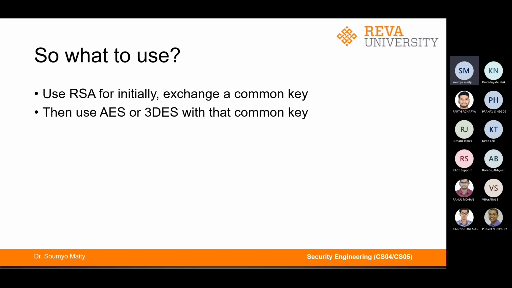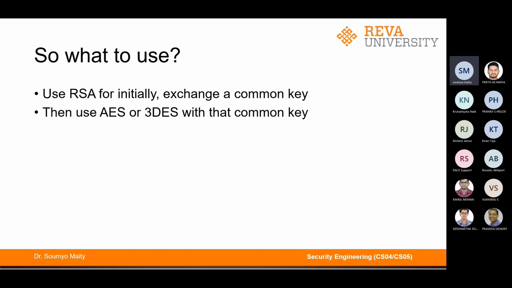So what we usually do is use RSA for the exchange of the common key. The first time we exchange the key, then everything is sent with AES or 3DES. So there is only one point of failure, one communication. If the first communication is broken for RSA, then everything is broken.